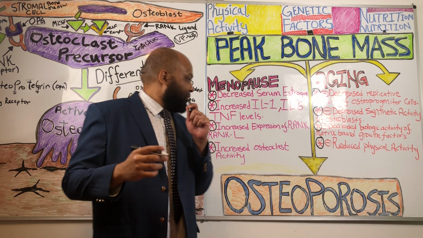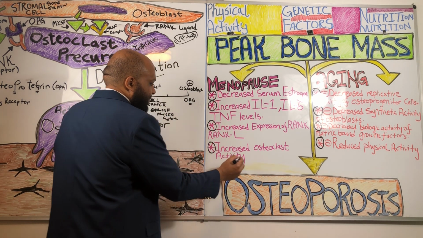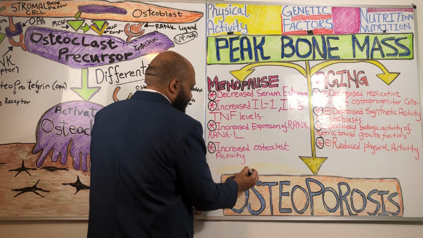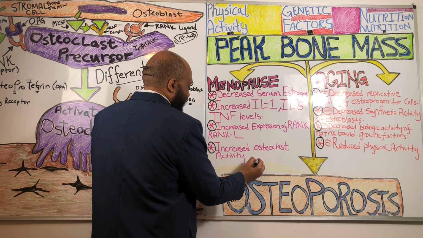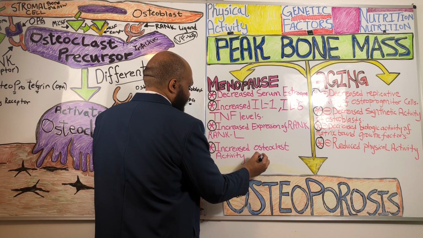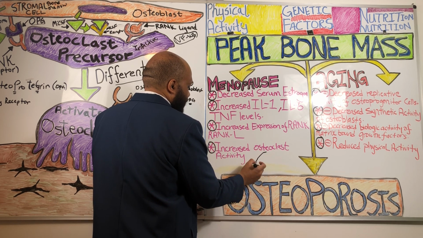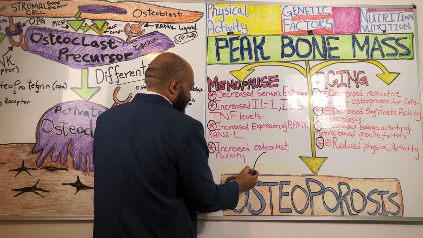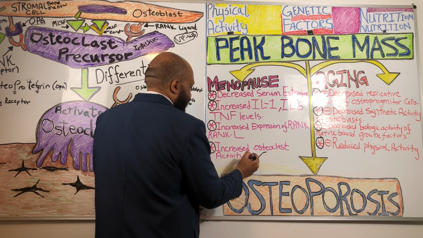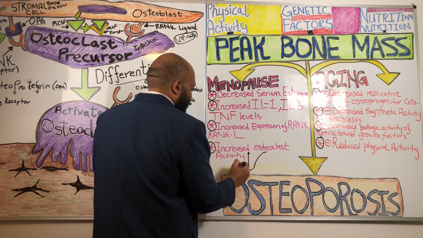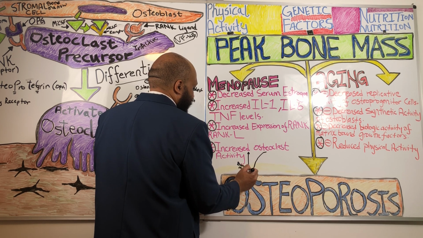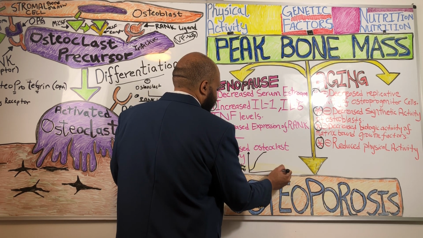So we build up our peak bone mass, and there's like a curve. Let's say that's our age, and that's our bone mass. On the y-axis you have the bone mass, and on the x-axis you have the age.